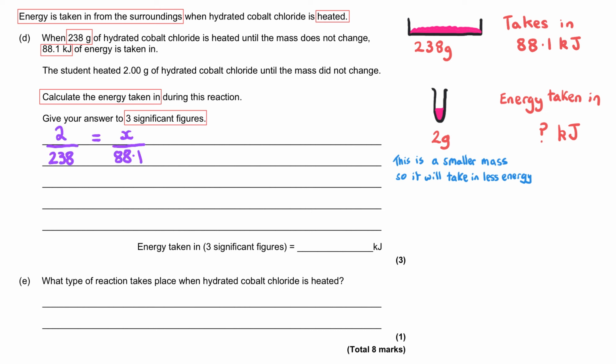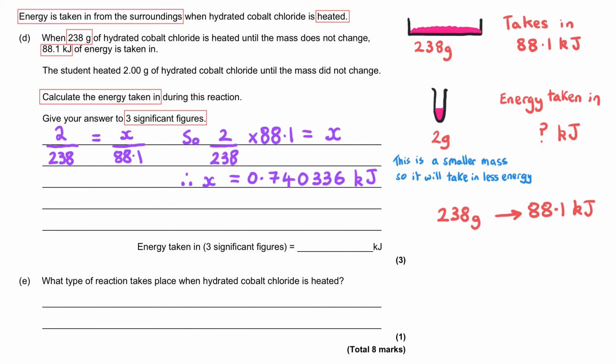Well, 2 divided by 238 is it expressed as a fraction. And then what we would do is multiply this fraction by 88.1 kilojoules, and that will get us our answer of 0.740336 kilojoules taken in.